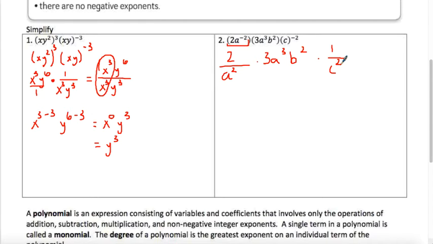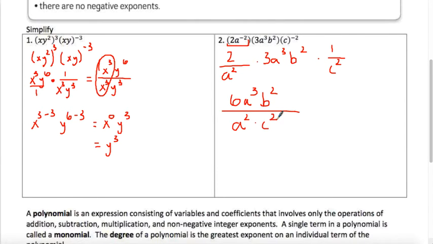So looking at it now, all the numerators would come out to, notice we have a 2 times 3, so that's going to be a 6. And then a to the third, b squared, all divided by a squared times c squared.